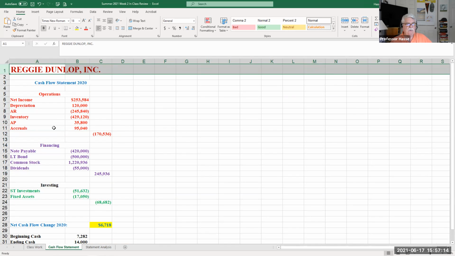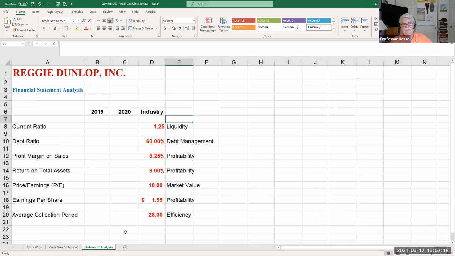And then chapter 4 is taking these three financial statements and doing some statement analysis. There's a particular page in your textbook, pages 104 and 105, that show this in one lump sum, one page of analysis of what all these are and what they mean to determining the analysis of your company.